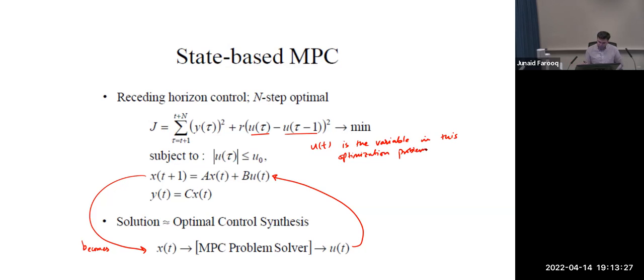If you solve this optimization problem, you have to use some MPC problem solver. MATLAB already has solvers for linear and quadratic optimizations. If you want, you can check out fmincon in MATLAB.